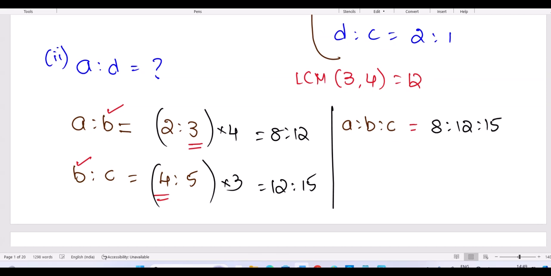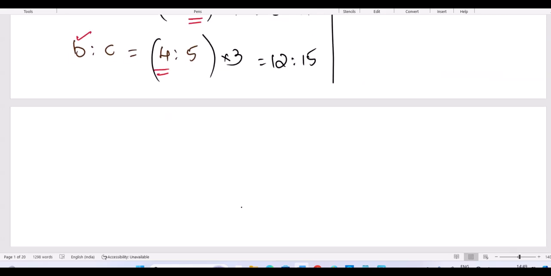When the letter is the same and the respective value is the same in the two ratios, you are allowed to combine. A, B, C you obtain. Next you need to join D. For joining D, A, B, C is 8, 12 and 15. I assume you people are maintaining running notes.